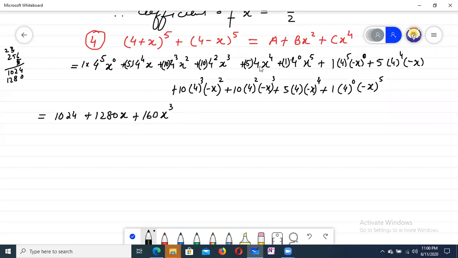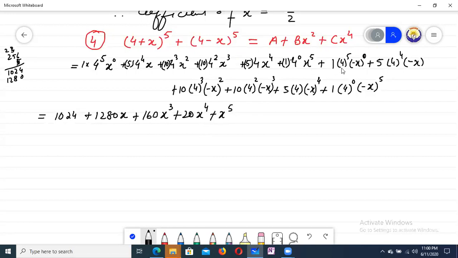Then after that, 4 5s are 20 x raised to the power 4. Then here will be x raised to the power 5. As 4 raised to the power 0 is 1, 1 into x raised to the power 5 is x raised to the power 5.